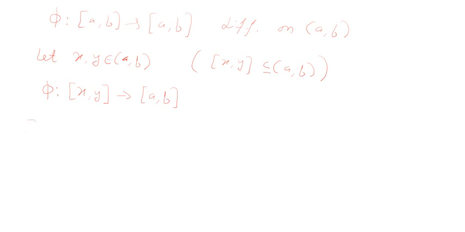So there exists a z belonging to the open interval (x, y) such that phi dash of z is equal to phi of x minus phi of y divided by x minus y.